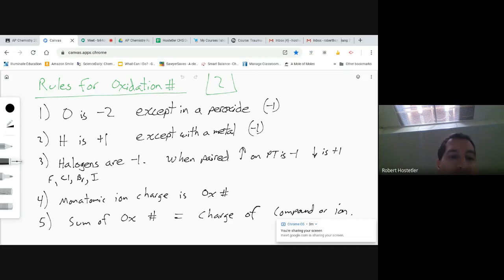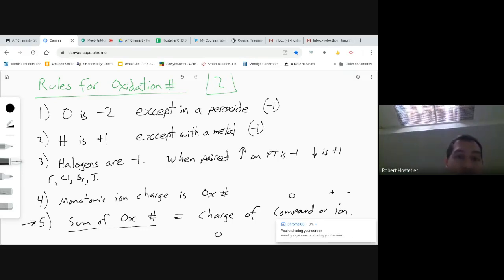Remember, not very many things have their own rule, and the key is down here at the bottom. We use the things that we know about and the idea that all of the oxidation numbers add up to equal the charge, which a lot of times is 0. So if it's a compound, it's going to be 0. If it's an ion, it'll be plus something or minus something.